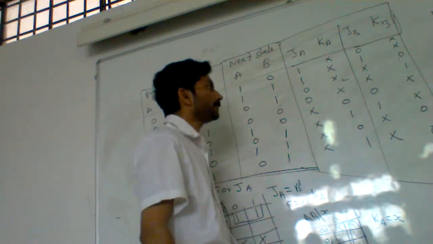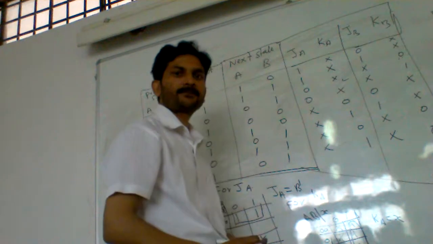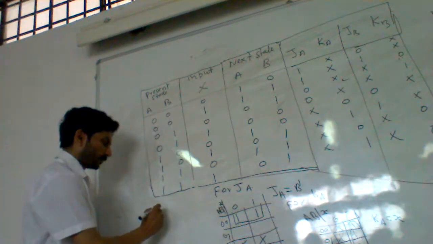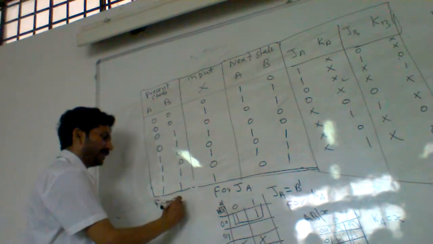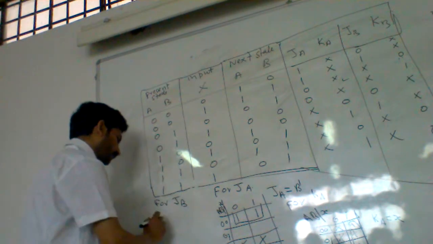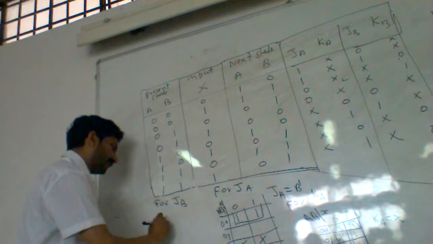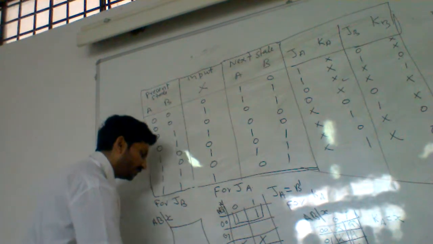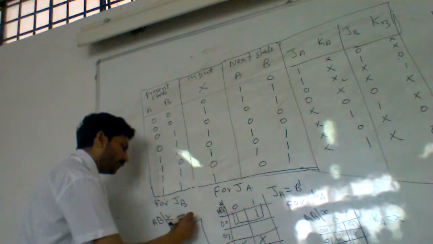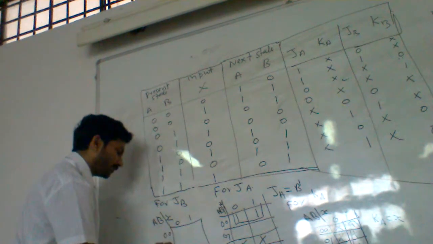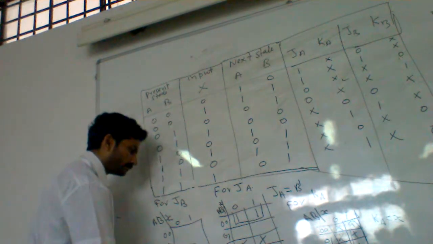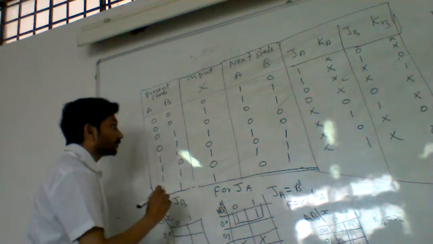Find out the next one, JB. For JB, AB on one side, X on the other side. So this is your K-map.